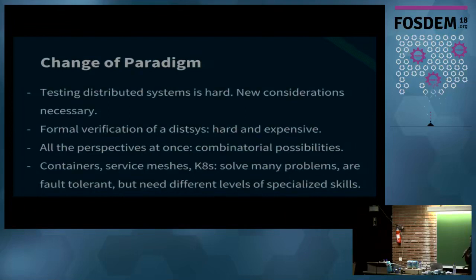But now that we have Kubernetes, we don't have to solve the fault tolerance problems directly anymore. But that doesn't mean that if we don't have to solve the problem, we don't have to be familiar with how it works. So with this, I mean that we need to have different levels of specialized skills.